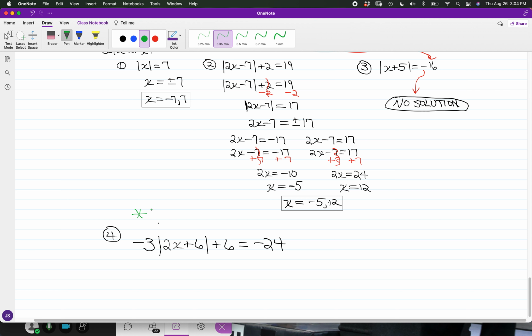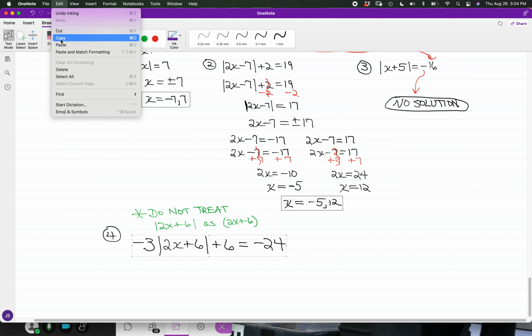So let me just mention: do not treat the absolute value of 2x plus 6 as if you had 2x plus 6 in parentheses. So what is going to be the pathway forward to solving for x in this case?